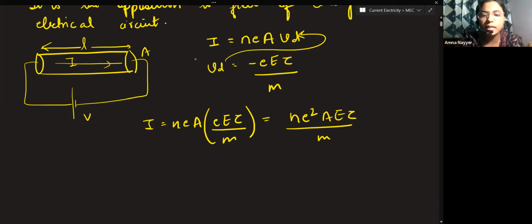Now, Atif, you tell us, what is the relation between electric field and potential difference? Try to recall it from chapter 2. Any relation between electric field and voltage? We had also seen there was a negative sign and it had a significance.